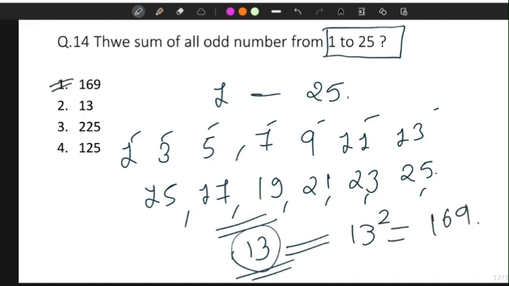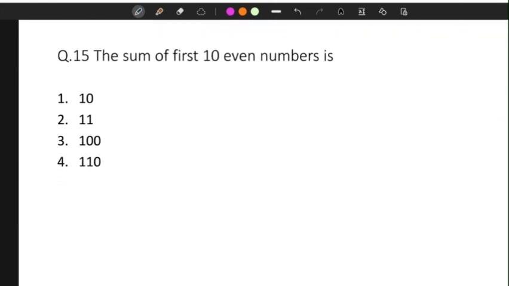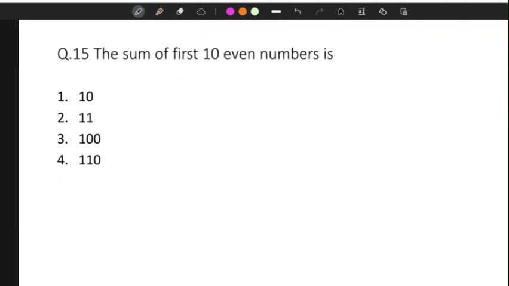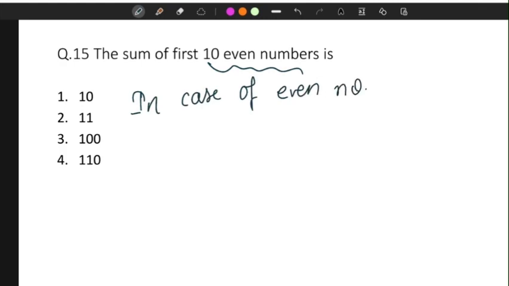Very simple question. But what if they ask us to find out the sum of the first 10 even numbers? Now here the question has been twisted to even numbers. In the case of odd numbers, we had the square. Now in the case of even numbers, I'll give you an example. These are the first 3 even numbers: 2, 4 and 6.